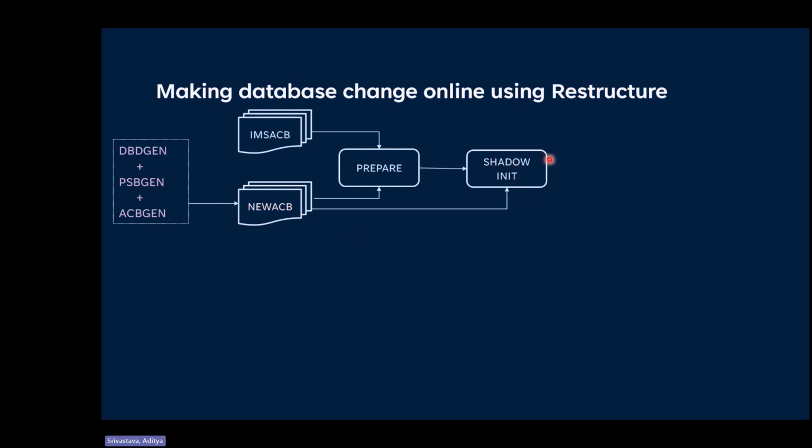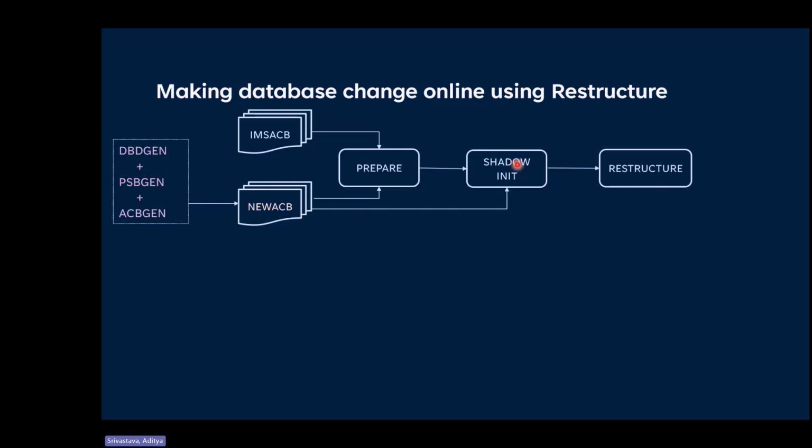But it initializes the shadow data set based upon the new definition, which is there in the new ACB live. Okay, and it also reads the plan file. Plan file is a very important file which prepare creates. Shadow init also refers to the plan, and then that plan is also read by the final step, that is the restructure step, and restructure step reads several other files. Plus, what is our area of focus here is the control blocks, right?